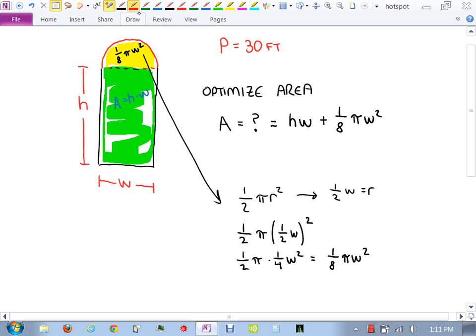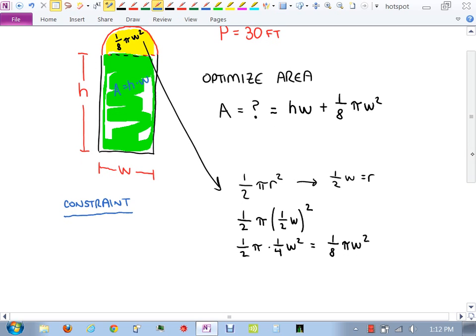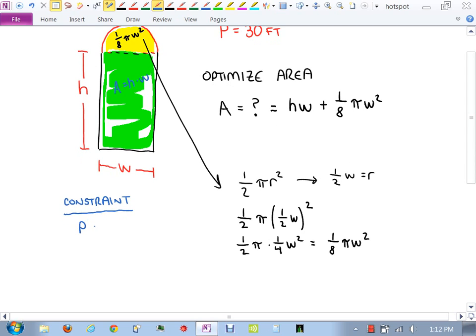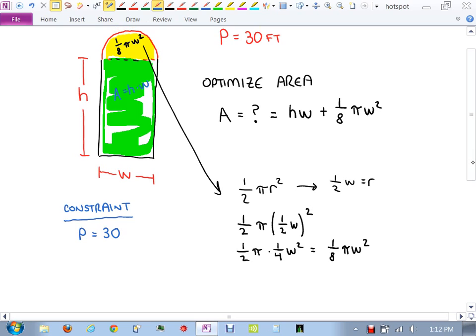Remember what we called this? The constraint. The constraint on this problem is that my perimeter must be 30. But the perimeter, if you were to start at one point, let's say I'll do it in this purple highlight.